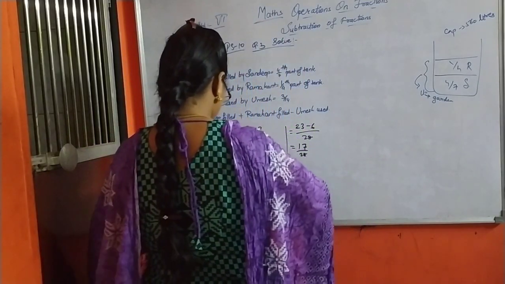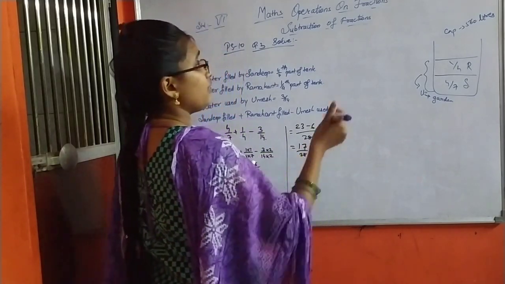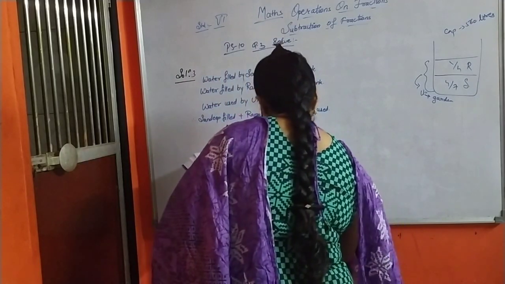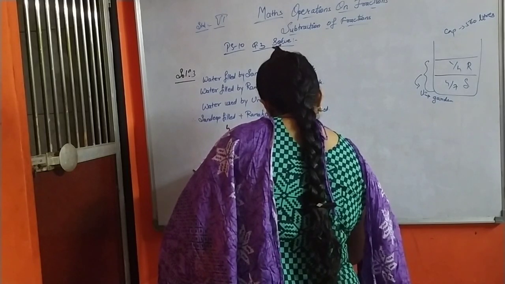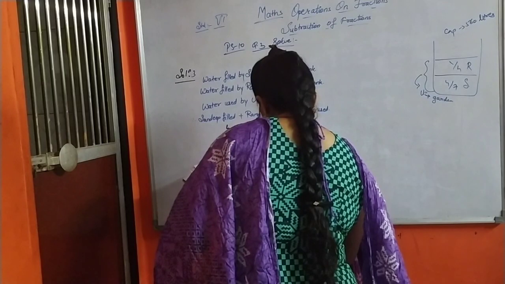So the statement that comes, this is the water left, but we have to find it in liters. So before finding in liters, let's write a statement. Part of water left in tank.